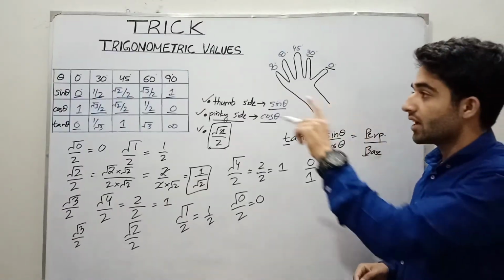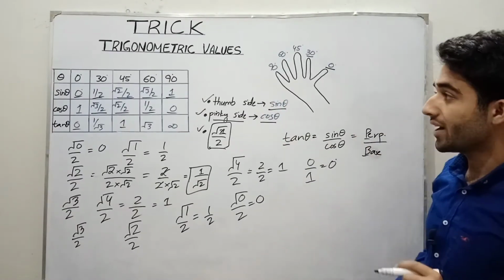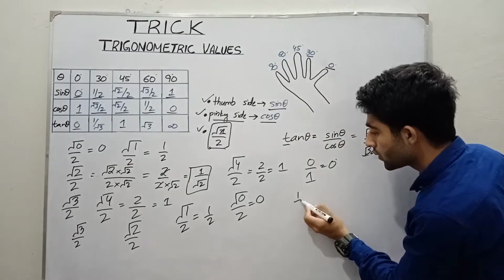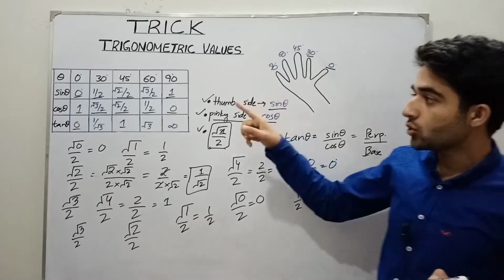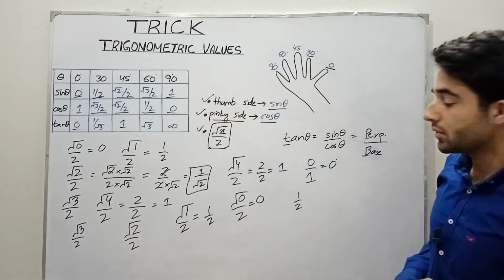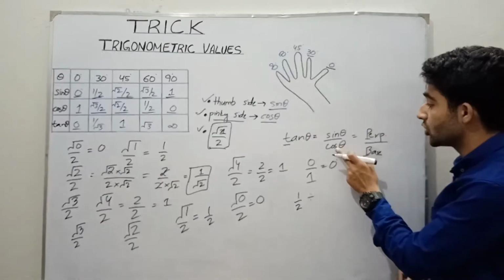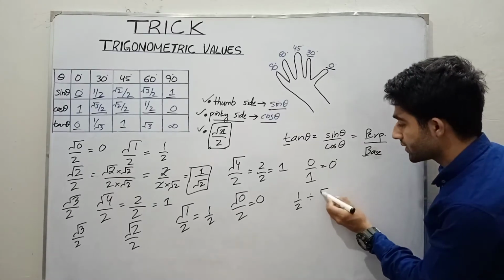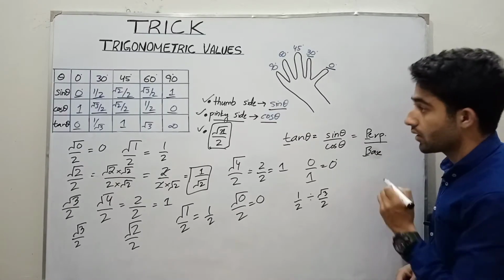Okay, then we have the 30 degree angle, and at the 30 degree angle the value of the sin theta is 1 by 2, and the value of the cos theta is under root 3 by 2, which is in the denominator, and we can also write it like this for our easiness.